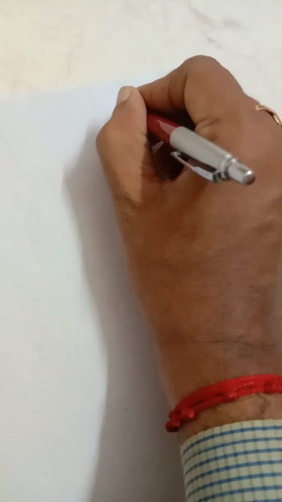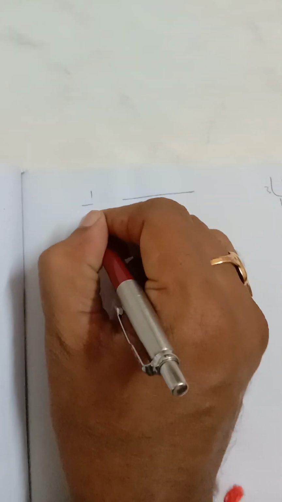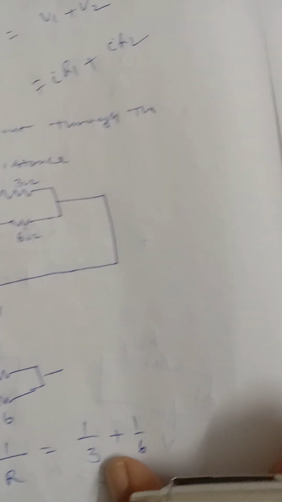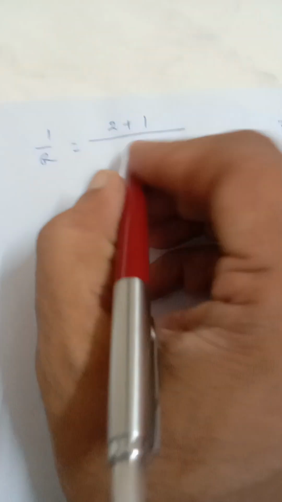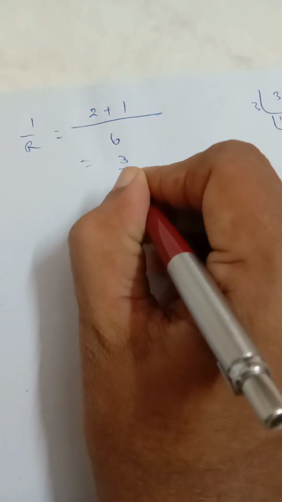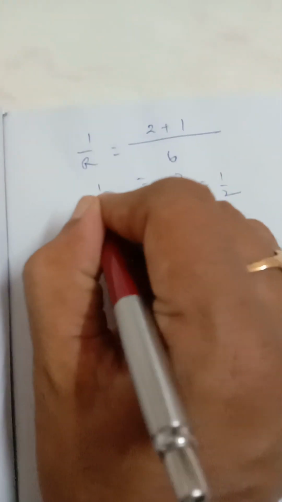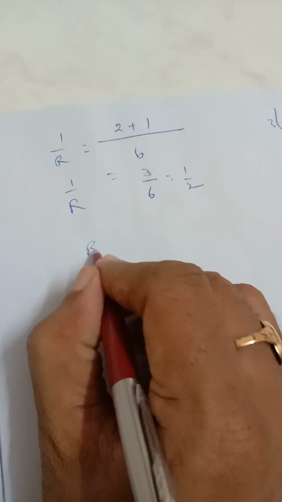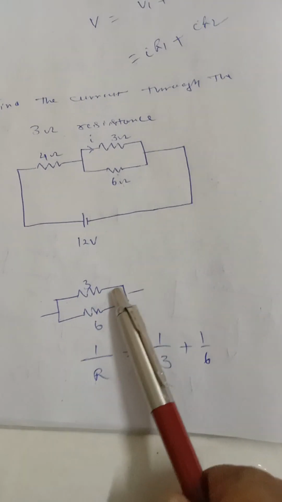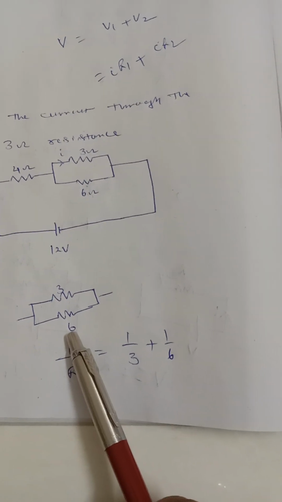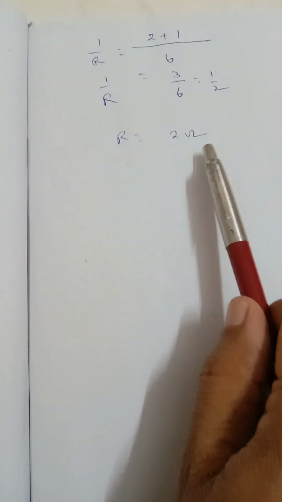That means 3, 6: 3 1 time, 3 2s are 6. 6 is the LCM. 1 by R is equal to (2 plus 1) by 6, that means 3 by 6, that means 1 by 2. 1 by R is equal to 1 by 2, that means R is equal to 2 ohms. Therefore, this 3 ohms and 6 ohms connected in parallel result in 2 ohms resistance.